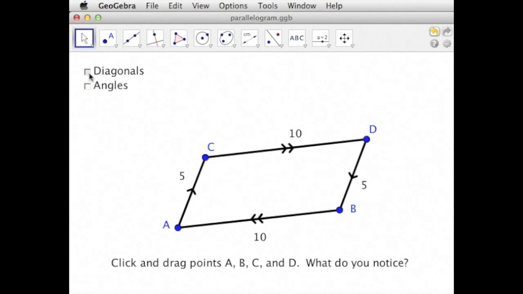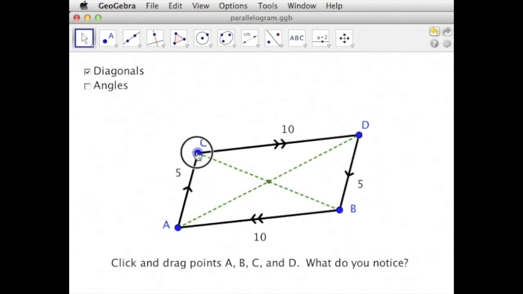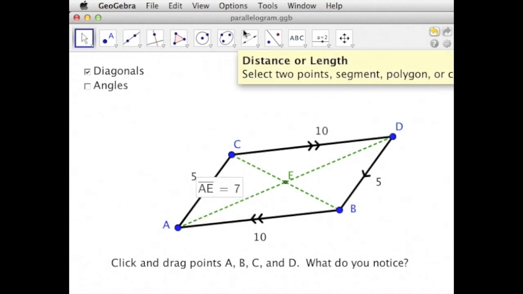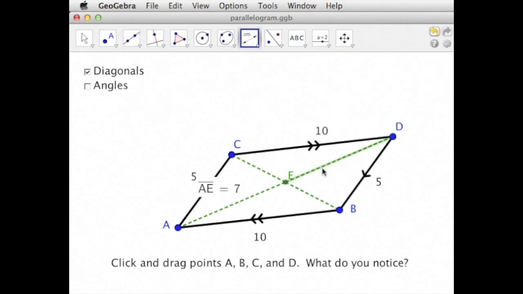Last, take a look at these diagonals. They're not congruent in length, right? Because right now it looks like AD is longer than CB. But what you should notice is that they bisect each other. The distance from A to the midpoint, let's call it E, is 7. Let's just move that over there. And so the distance from E to D is also 7.